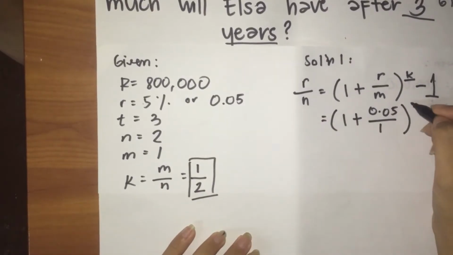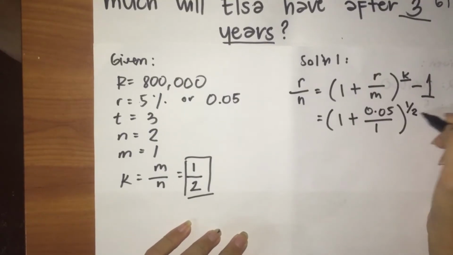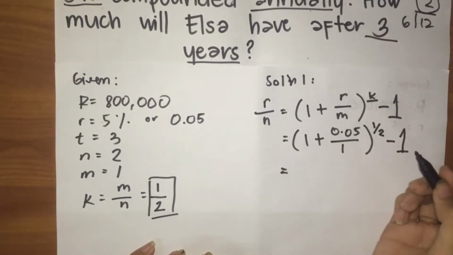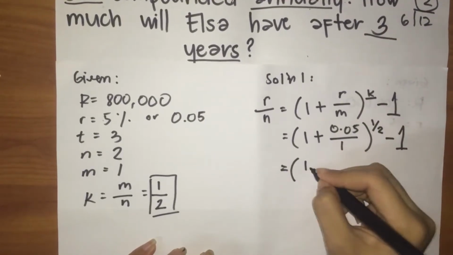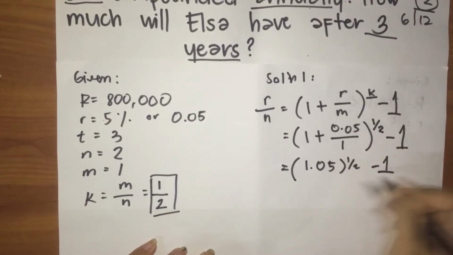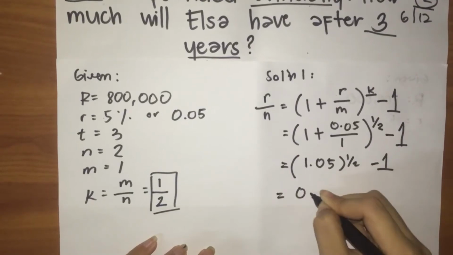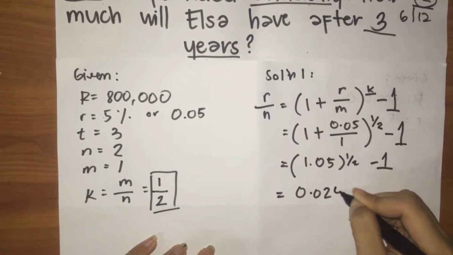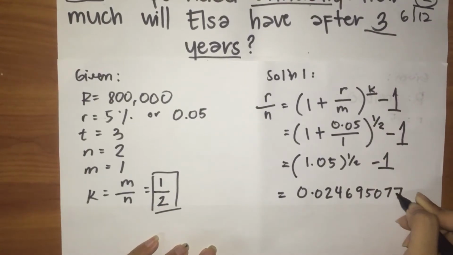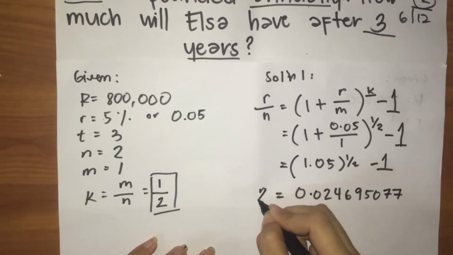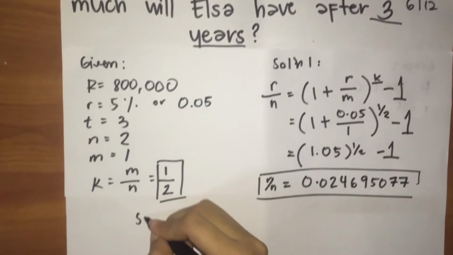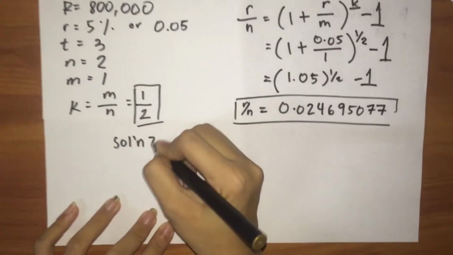So substitute that 1/2. Then minus 1. So to solve for the parentheses first, 1.05 raised to the power of 1/2 minus 1. So the answer for that is 0.024695077. So that would be our conversion of r over n. And we're going to use this for our formula for the second solution.